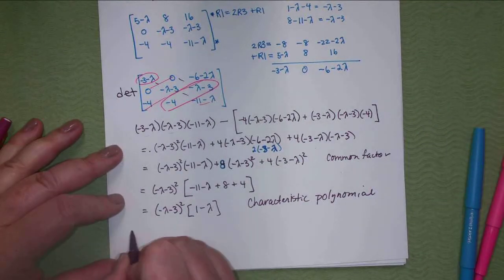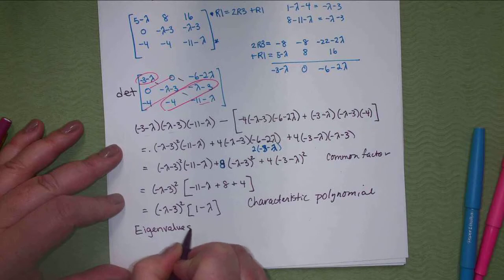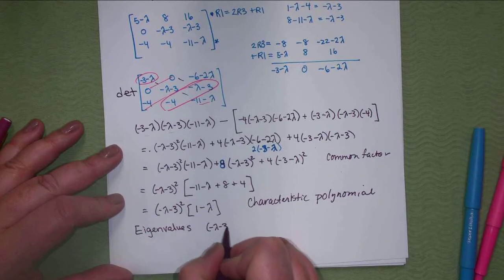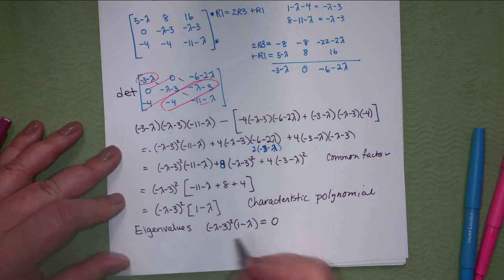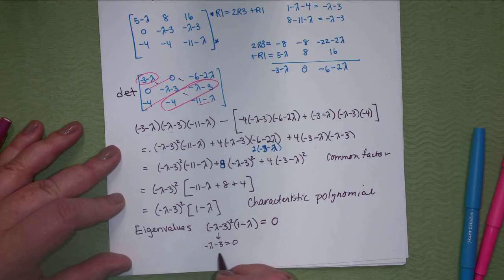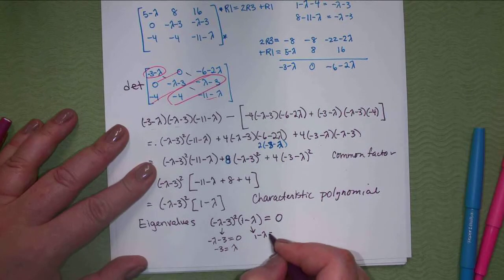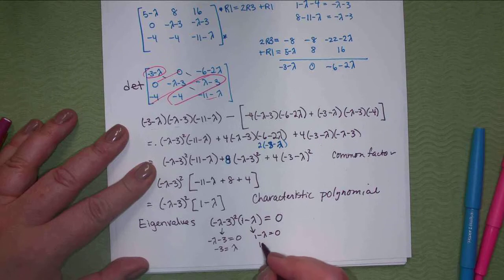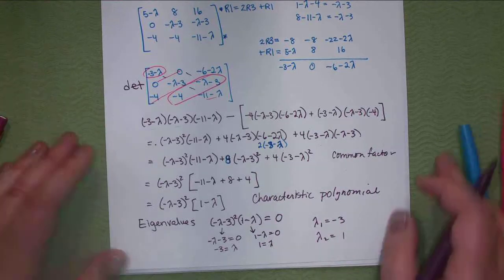So what are the eigenvalues? Minus lambda minus 3 squared times 1 minus lambda equals 0. So lambda is minus 3, and this one, so we could say lambda 1 is negative 3 and lambda 2 is 1, or vice versa.